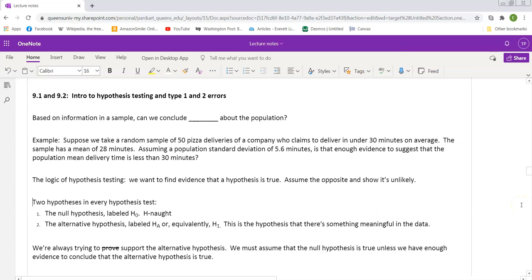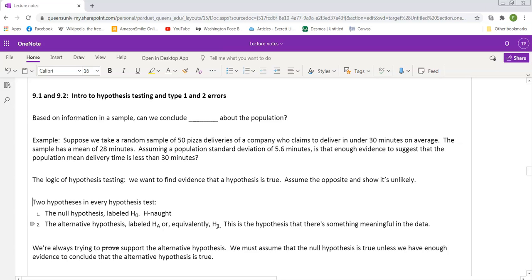So every hypothesis test has two hypotheses. And I'm going to start by talking about the alternative hypothesis, which is labeled HA or H1. And by the way, HA and H1 are completely equivalent to each other. It does not matter which one you use. You'll see me use both at different times.